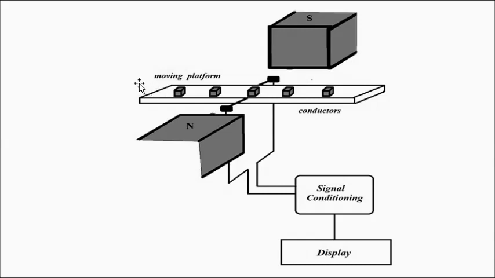So when these conductors cross this magnetic field, the flux linking with these moving conductors fluctuates, and because of it, according to Faraday's and Fleming's rule, a current flows through this moving conductor in this magnetic field.